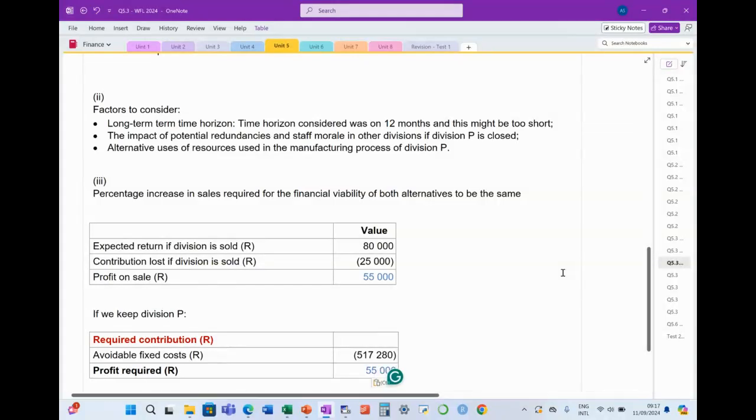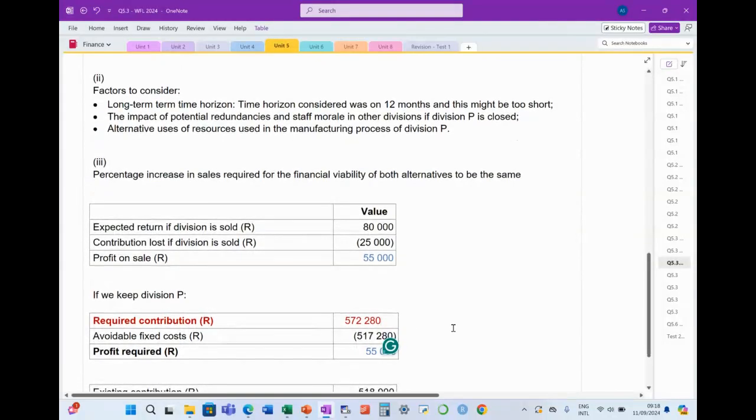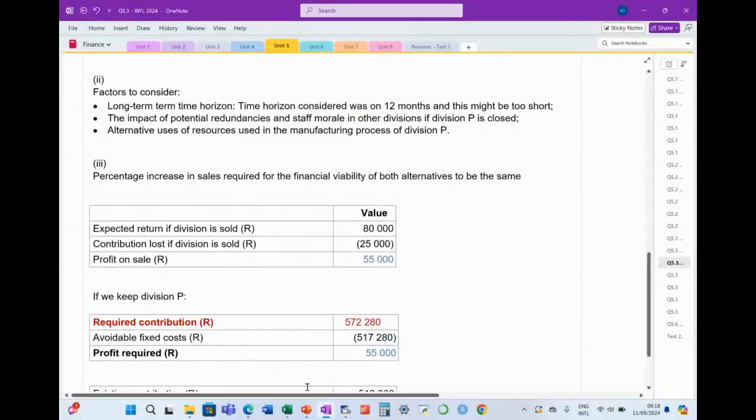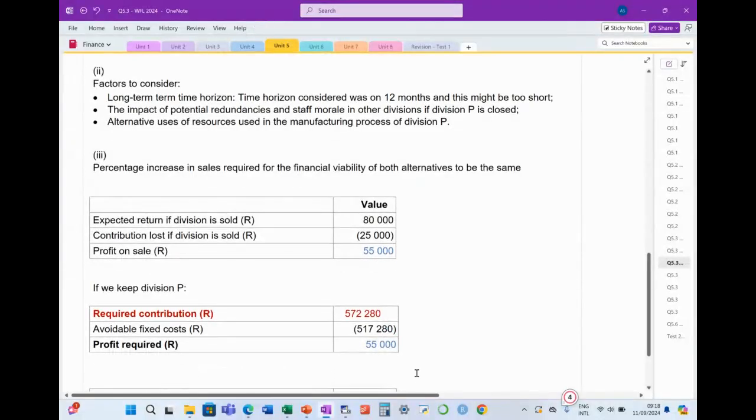So what is the required contribution? We're basically working our way backwards. Your 517,280 plus your 55,000, what do you guys get? 572,280, yes. Now that we have that, we can work out what the return ought to be.